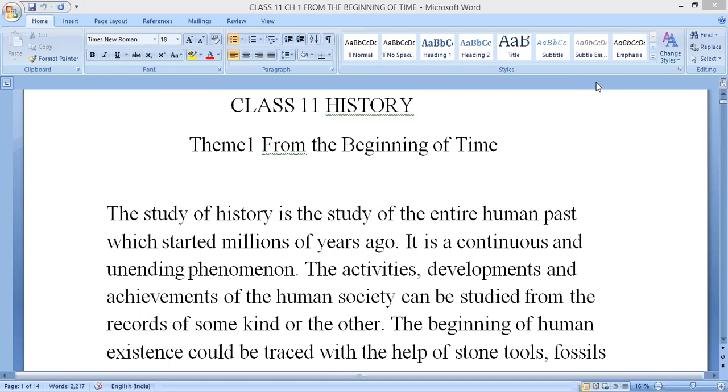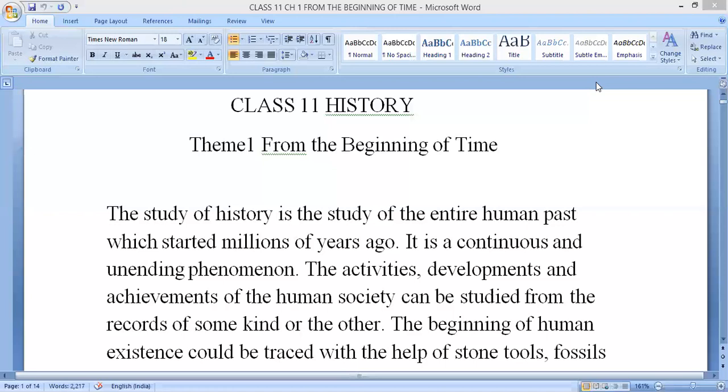Well, children, if you are studying history, you must be aware of the different time frames that have been decided by the historians and archaeologists. They are the prehistoric era, the protohistoric era, and the historic era. When it comes to the prehistoric era, basically we have the archaeological sources, the different remains and artifacts which had been made by the early humans, but we don't have any written record of this time period.